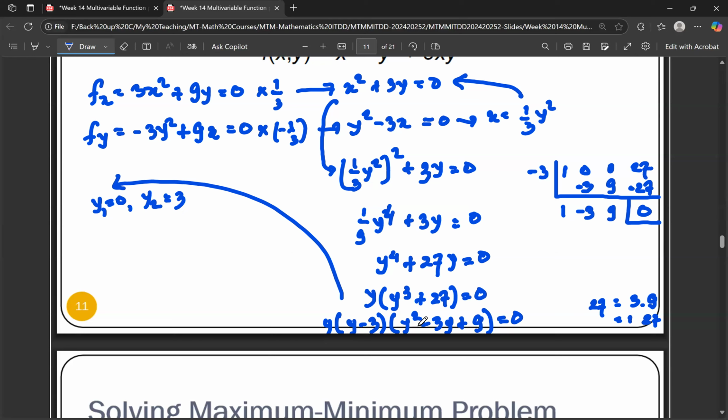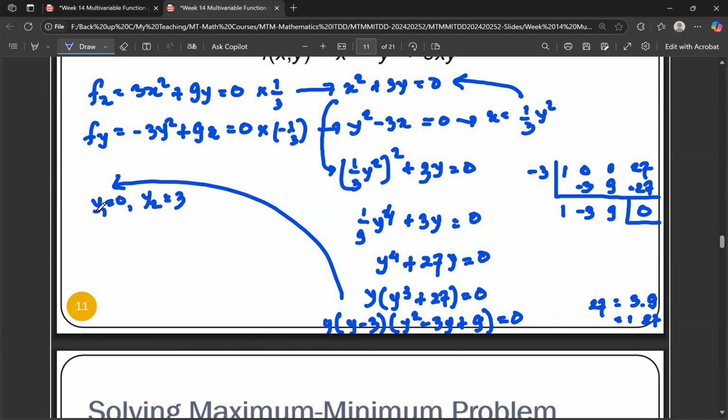This is positive definite, so we cannot factorize it further, because it is a positive definite quadratic. What do we say in English? This is positive definite.